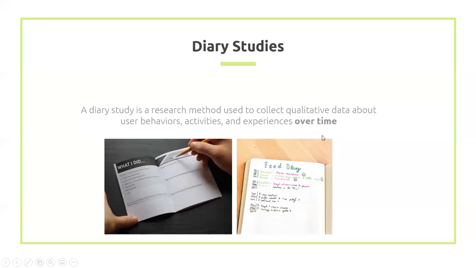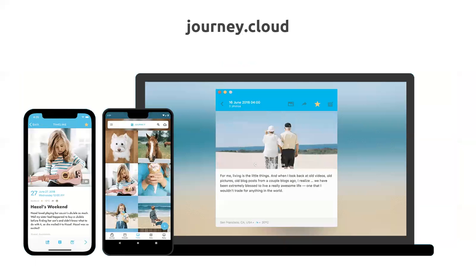So the keyword in here is over time. So we collect qualitative data about user behavior, activities, and experiences over time. So we ask our users to fill in a diary about how they behave, how they perform their activities, and so on. For example, it's like this. Okay, we just want to ask them to record whatever they do.